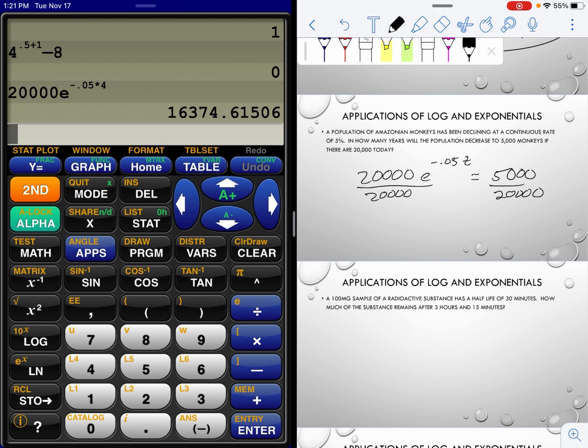Okay. Okay, so your first step is undoing that multiplication. So we have e to the negative 0.05t equals 0.25. All right. Now to undo base e, we have to use the natural logarithm. All right. So we're going to take the natural log of both sides. Okay, and remember when we do that, our exponent becomes the coefficient.